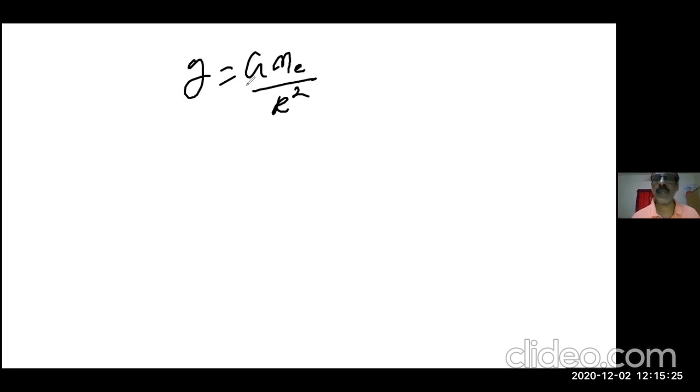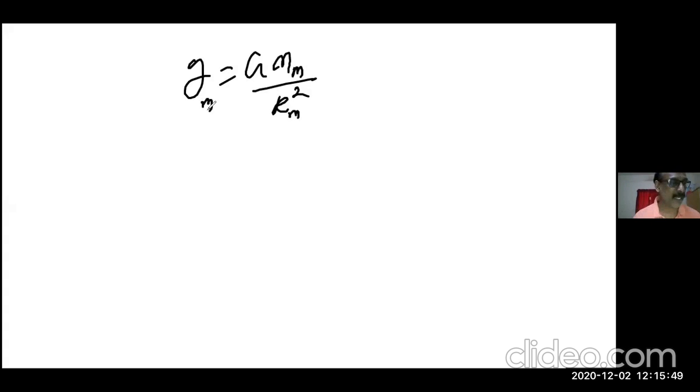But not only for Earth, every planet it's applicable. If it is for Moon, the only change is that instead of mass of the Earth, we put mass of the Moon, and here radius of the Moon. So this is g of the Moon. For Mars, take Mars. That's all. Is it clear?